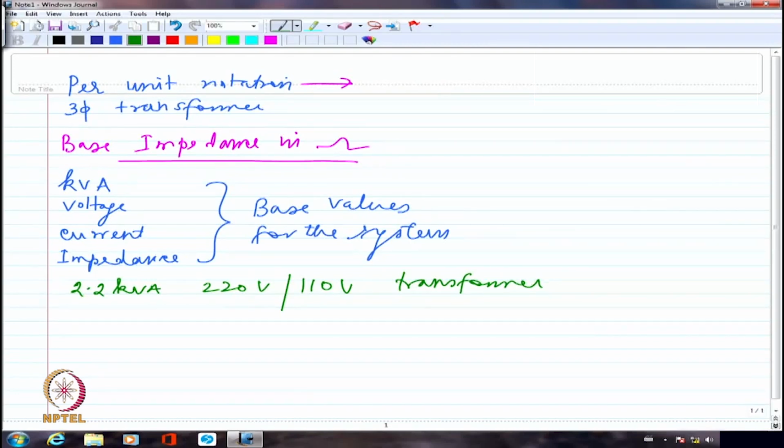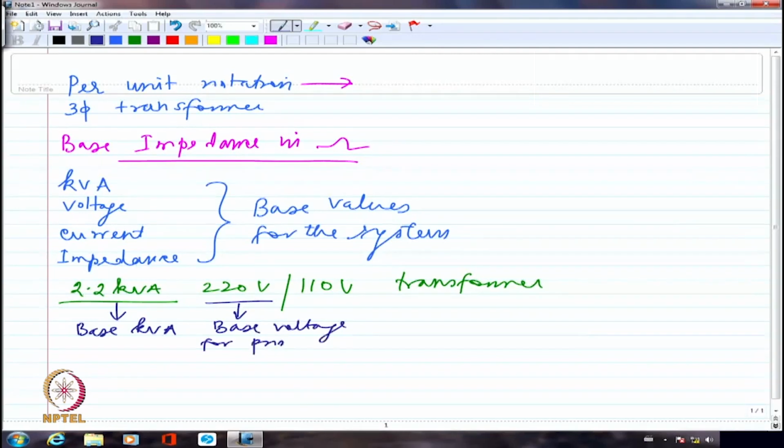Whether I am looking at it from the primary side or secondary side, the kVA is a constant. So, base kVA is 2.2 kVA itself. This is going to be the base kVA, whereas this is going to be the base voltage for the primary, and this will be the base voltage for the secondary.